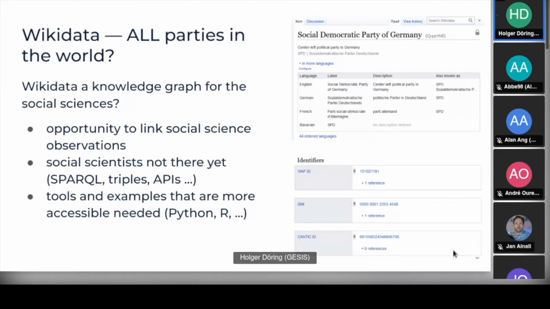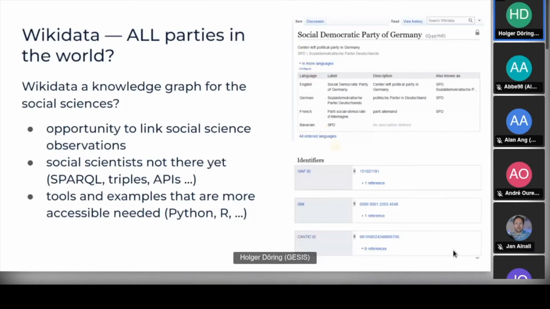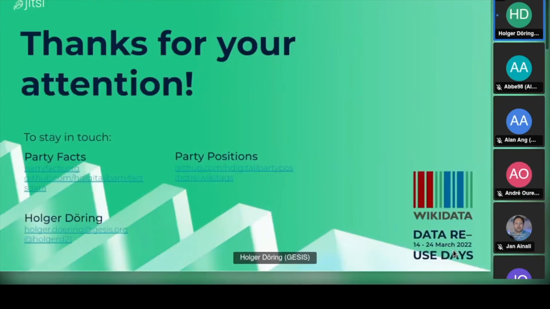But we as social scientists are not adding or linking it to Wikidata yet, because I think we need more accessible tools and more best cases and examples to truly contribute to Wikidata. It is a very important and valuable thing that I hope social scientists will pick up more in the future. I have links to some of the things I mentioned on the final slide, and thank you for your attention. I'm looking forward to the discussion.